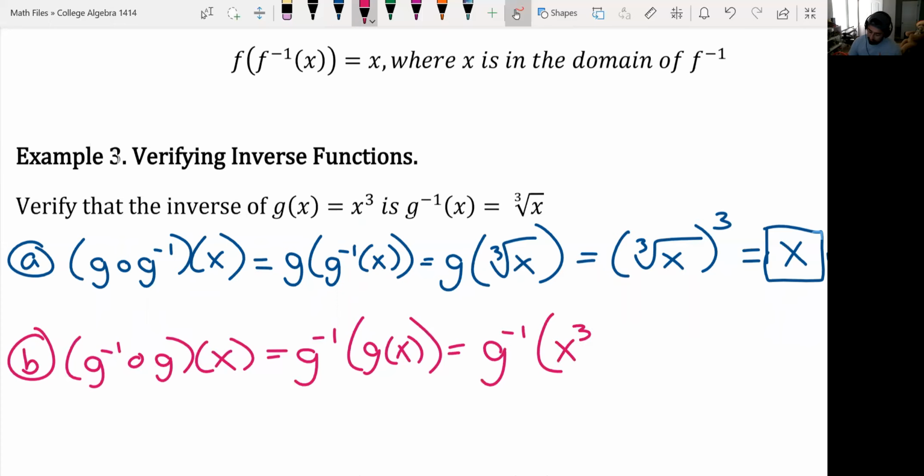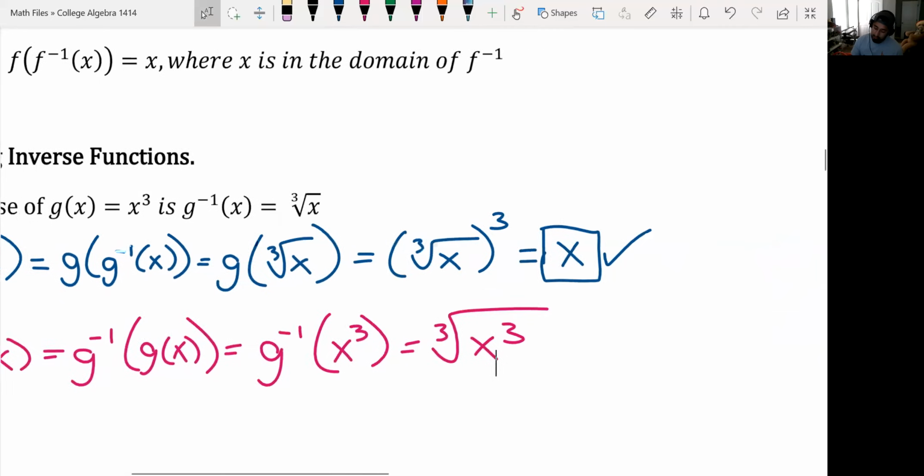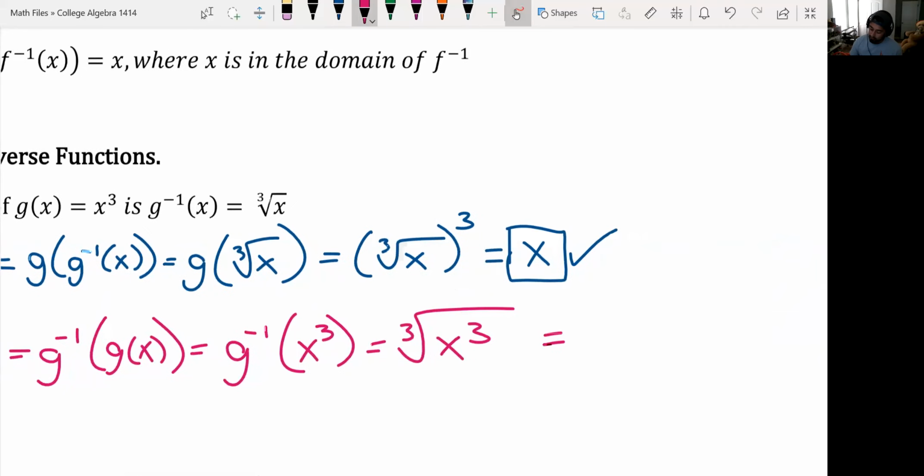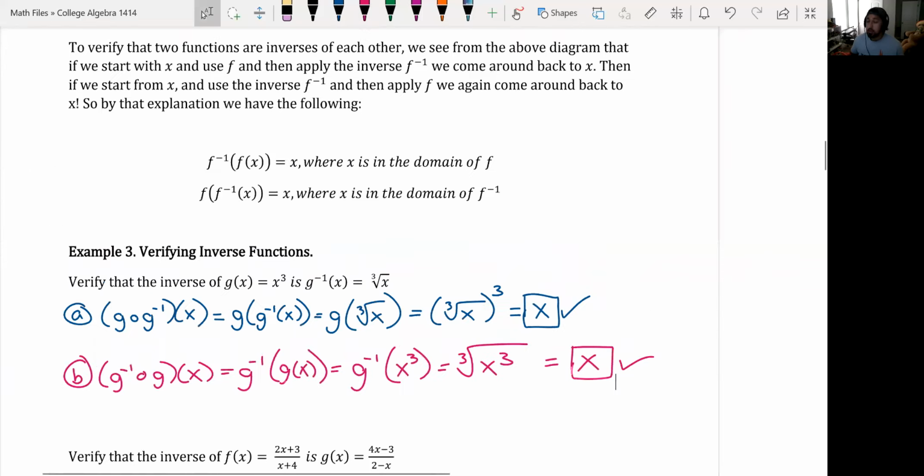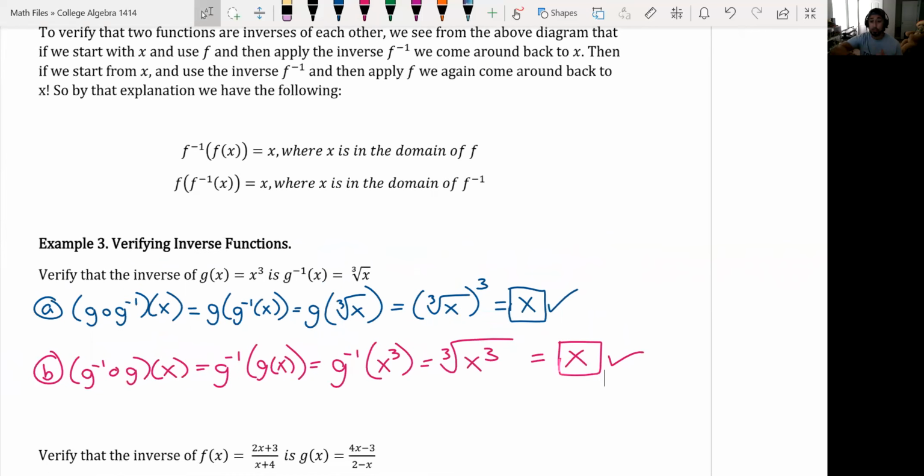So you'll get g inverse of x cubed, and now x cubed goes in for that x. And we'll get the cube root of x cubed, which will leave us with x. And there you go. That's how you prove if two functions are inverses of each other.